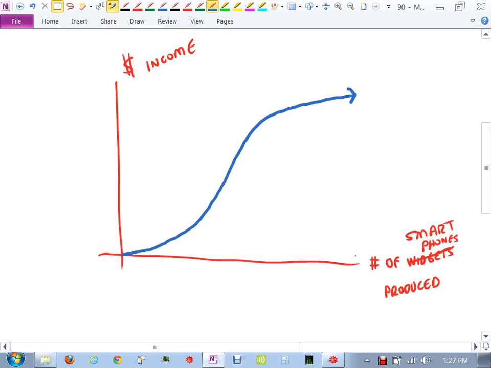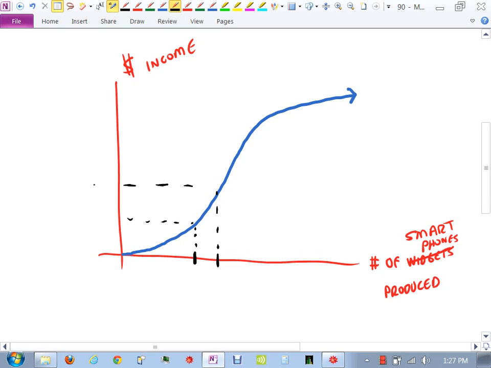Okay? Would you agree that the more cell phones I make, the more money I make? I'm always making money the more I produce? Do you agree with that? If I only produce this many, then I'm only going to make that much money. If I produce this many, I'll make more, right?